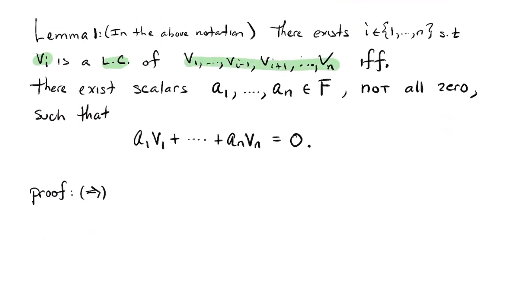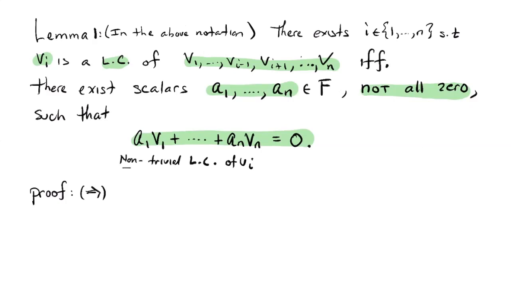If and only if you can write a linear combination of the vectors in S, but a very special one, a linear combination that equals 0, where not all of the coefficients ai are equal to 0. Sometimes people call this a non-trivial linear combination of the vi.